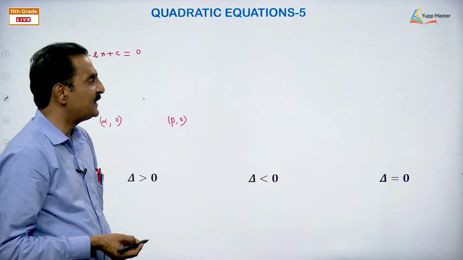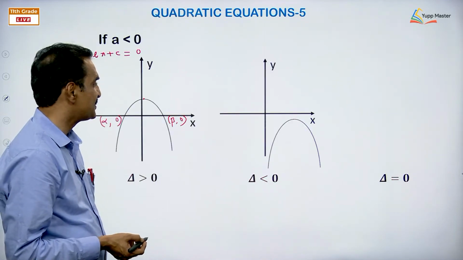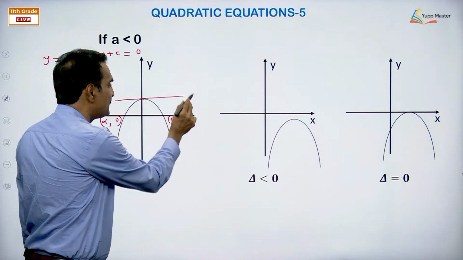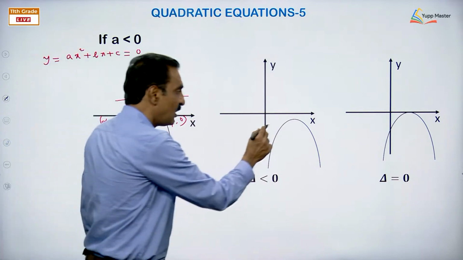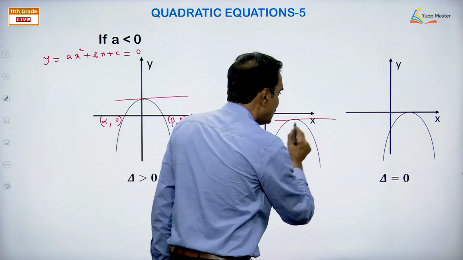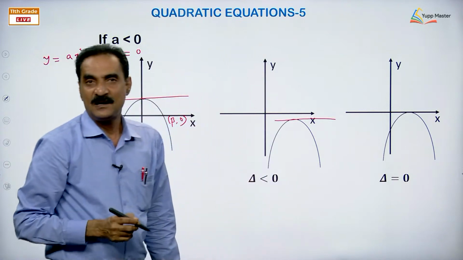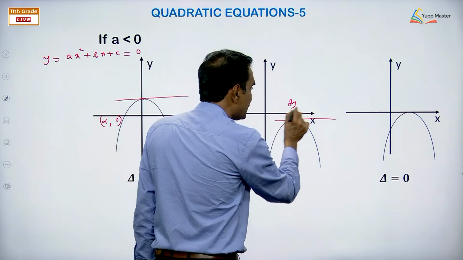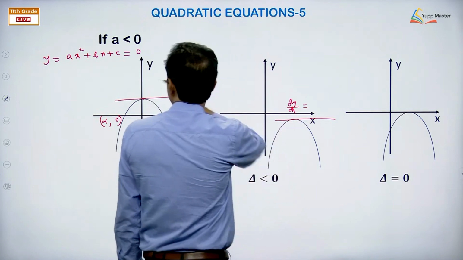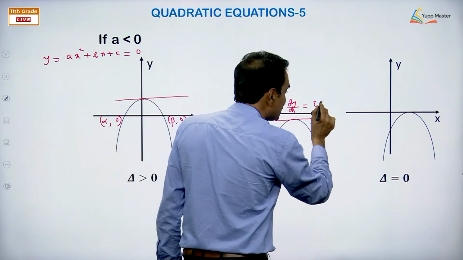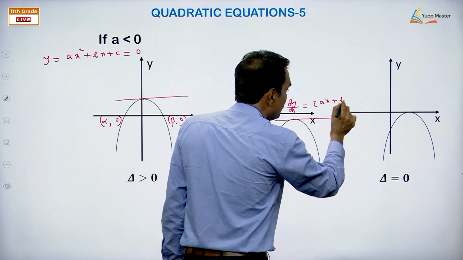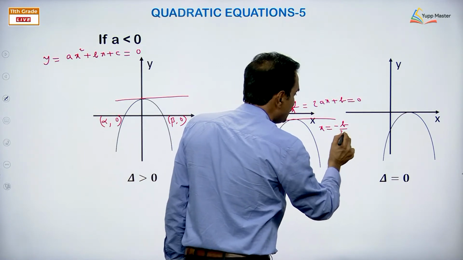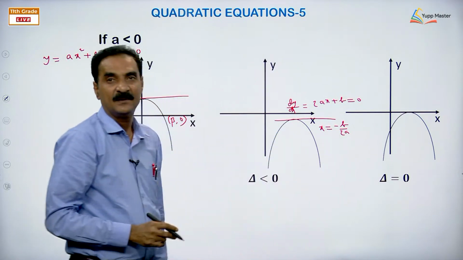Now the same thing can be obtained by differentiation. By differentiation, at this point the tangent will be parallel to the x-axis in all the cases. So at the maximum point, dy by dx will be 0. If dy by dx is 0, dy by dx is 2ax plus b, which will be 0. We get the x coordinate as minus b by 2a. Same.